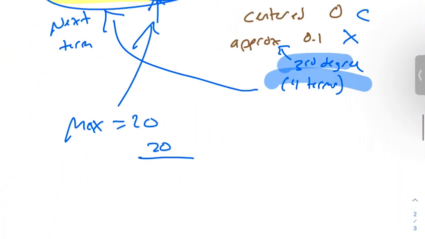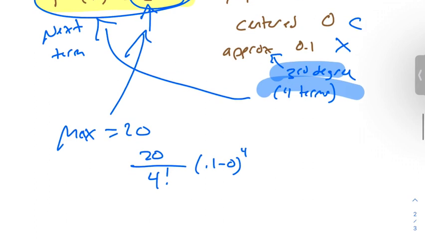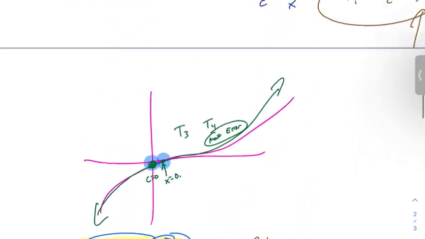So that number 20, so actually not 5 factorial, it's 4 factorial because we went third degree, so n plus 1 was 4. That's why we had this total. So this is the max in the next term. And then x minus c, 0.1 minus 0 to the 4th term. So I said it wrong earlier whenever I said the 5th. And then you could calculate that out, or maybe that's good enough.